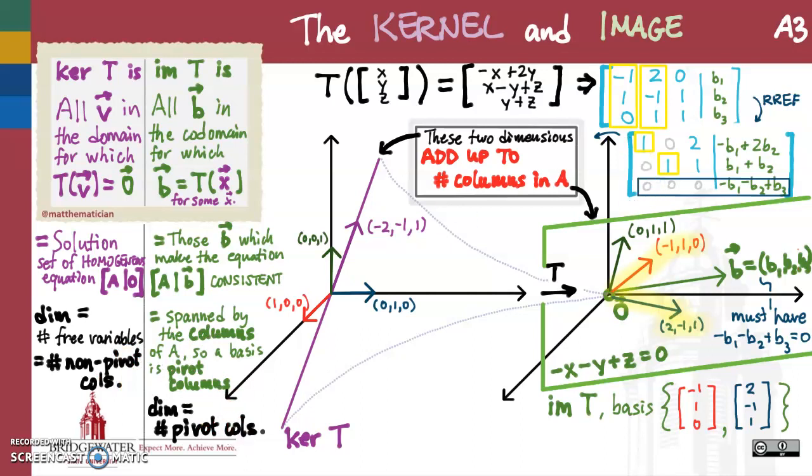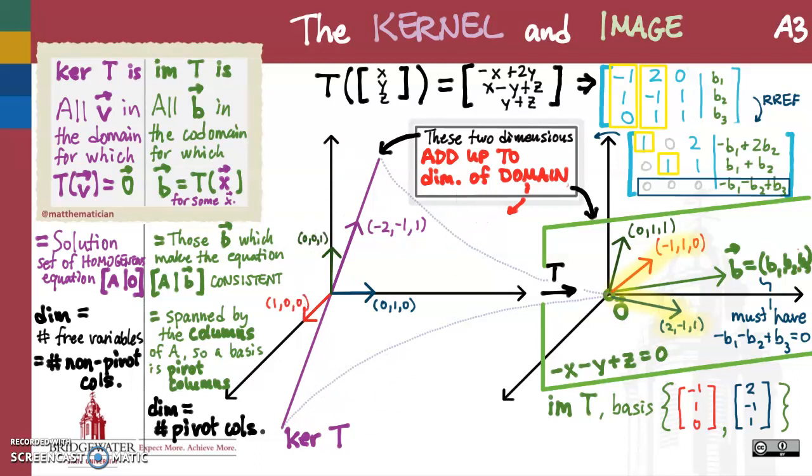And since every column either is a pivot column or is a non-pivot column, when I add those two numbers together, they should total to the number of columns in the matrix A. And where does the number of columns in the matrix A come from? It's exactly equal to the dimension of the domain of my linear transformation.